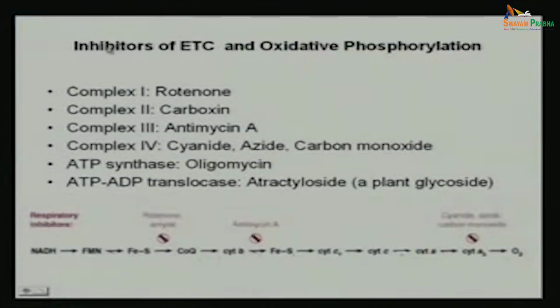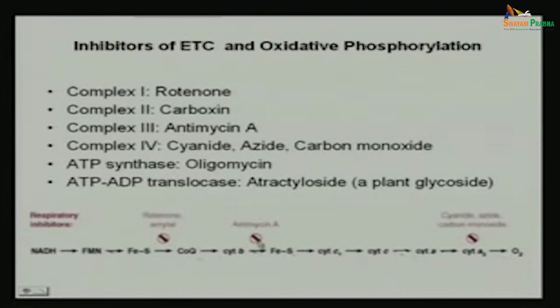If we see the different inhibitors of the electron transport chain and oxidative phosphorylation, we find that rotenone, carboxin, antimycin A, cyanide, azide, carbon monoxide, etc. are inhibitors of the electron transport chain. Here, in the plain straight electron transport chain, we are considering complex 1, complex 3 and complex 4. We can see that complex 1 is inhibited by rotenone.